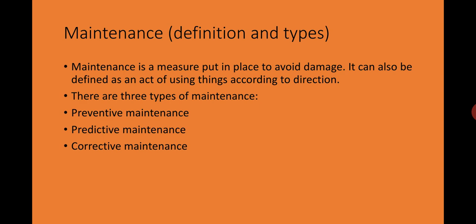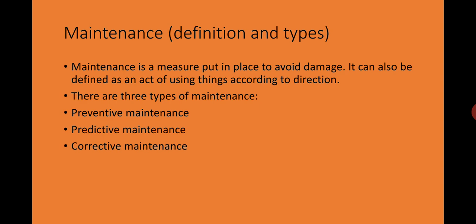Let's take for instance, the producer of Tecno phone has written at the back of his phone that you should not use wire charging, and you don't use wire charging. That is an act of what? Maintenance.